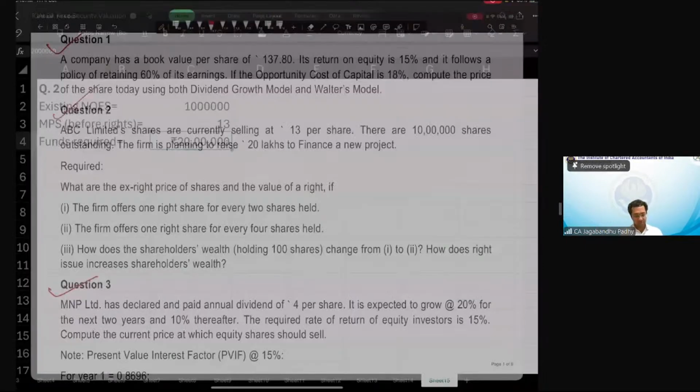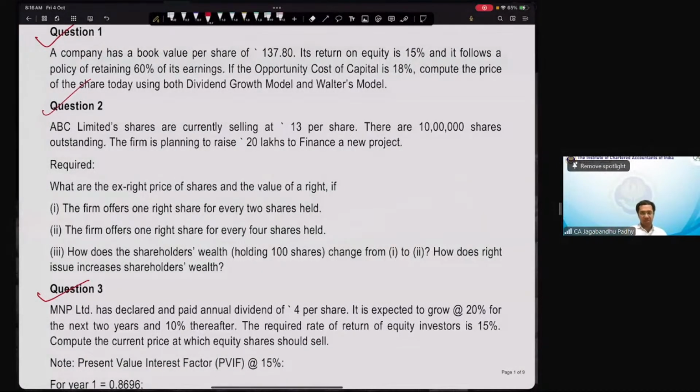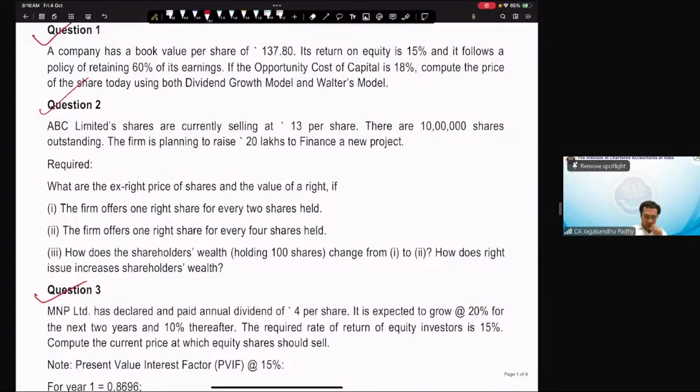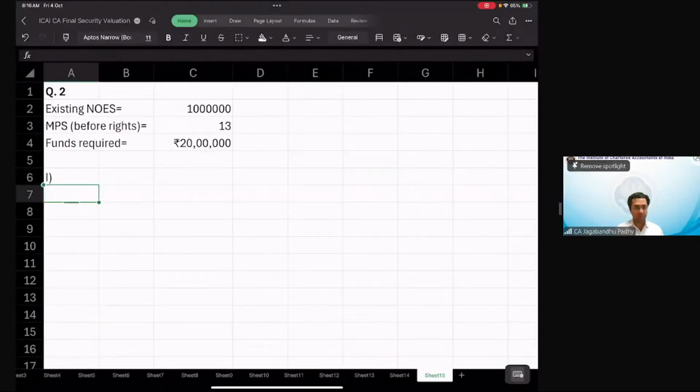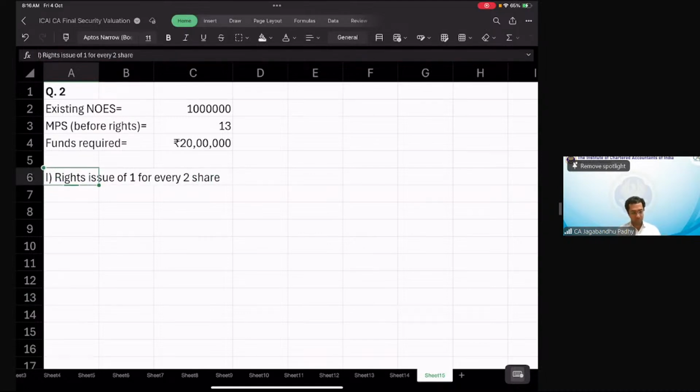The first is, what are the ex-rights price of the shares and the value of the right, if the firm offers 1 right share for every 2 shares. So, first case, rights issue of 1 for every 2 shares.